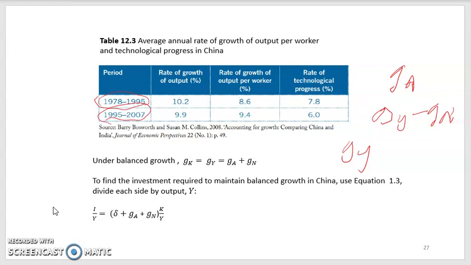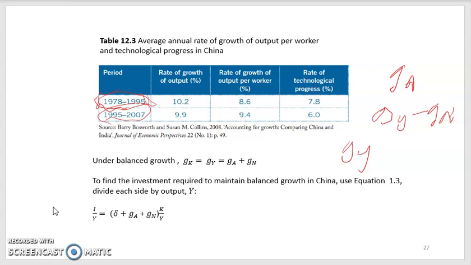So this table yields two conclusions. One is that from the late 1970s to the mid 1990s, as shown by the first row, the rate of technological progress was close to the rate of growth of output per worker. China was roughly on a rapid balanced growth path.